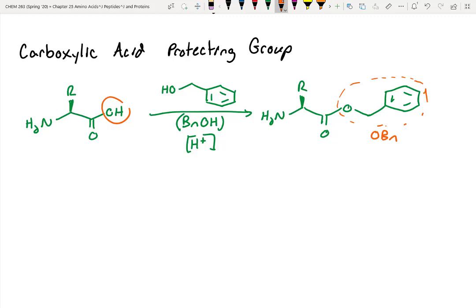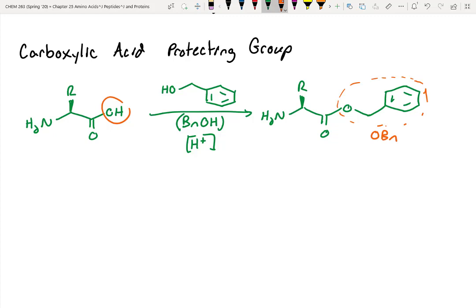This won't do any acid-base chemistry anymore, right? Because it doesn't have any acidic carboxylic acid proton. And it's not going to do any of the unwanted chemistry with our peptide coupling reagent. So it's a good blocking group that we can install temporarily to prevent any sort of unwanted chemistry from occurring.